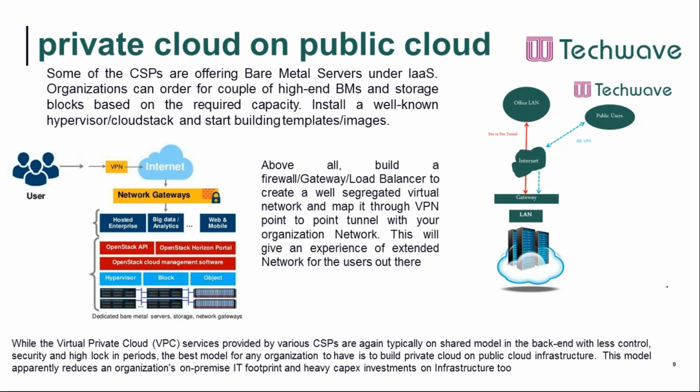There are a couple of cloud service providers, namely IBM SoftLayer, Rackspace, and other third-party CSPs, who are making high-end bare metal servers available through the orchestration layer. Means you can select the hardware from the cloud console, saying that I want 10 high-end bare metal servers on an hourly basis or monthly basis, right?